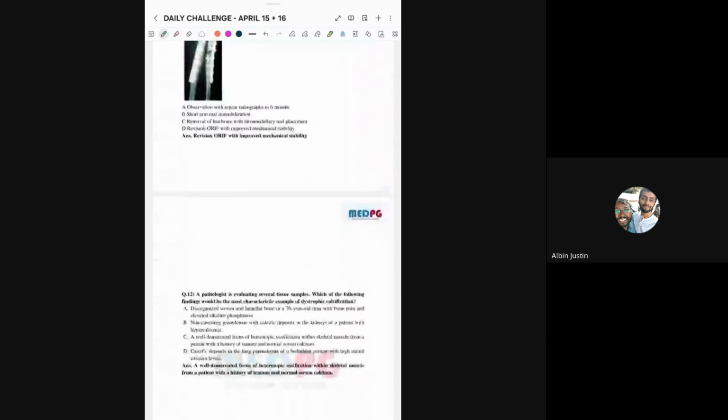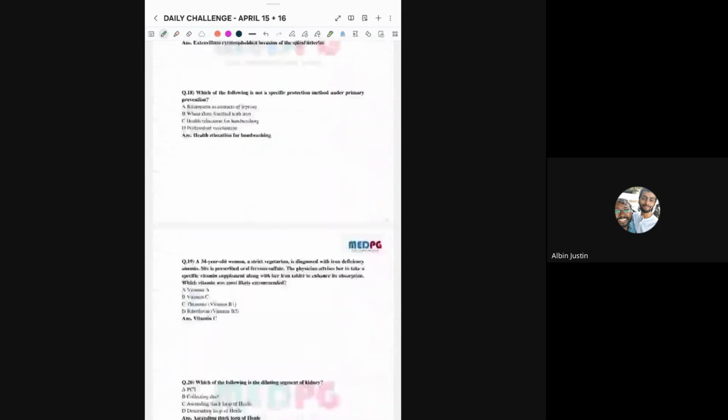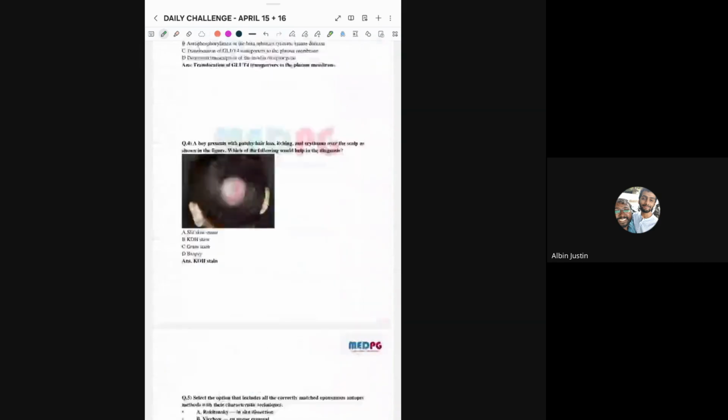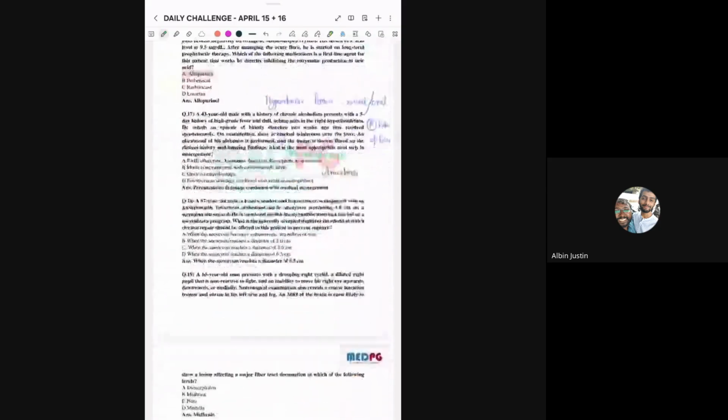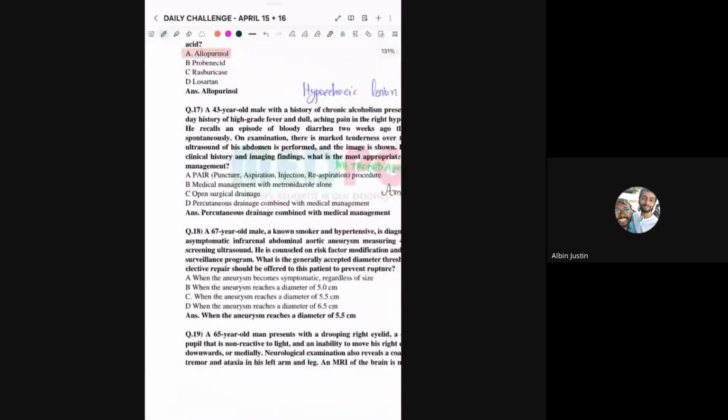Next thing is when to drain. When do you drain this patient? When there is a large abscess, a left lobe abscess, when there is a risk of rupture, when there is poor response to drugs.